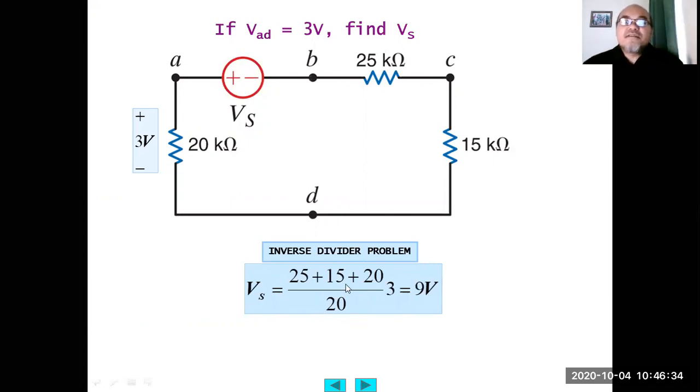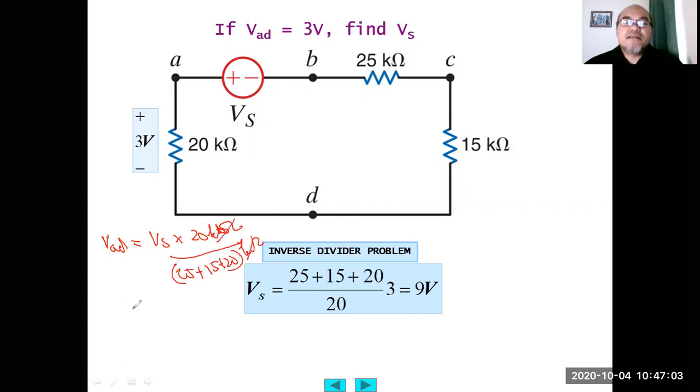If we make a notation, the voltage VAD is basically equal to Vs multiplied by this 20 kilo ohm, divided by the sum of all the three: 25 plus 15 plus 20 kilo ohm.